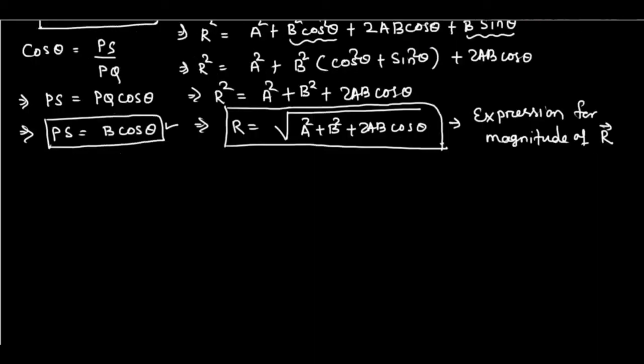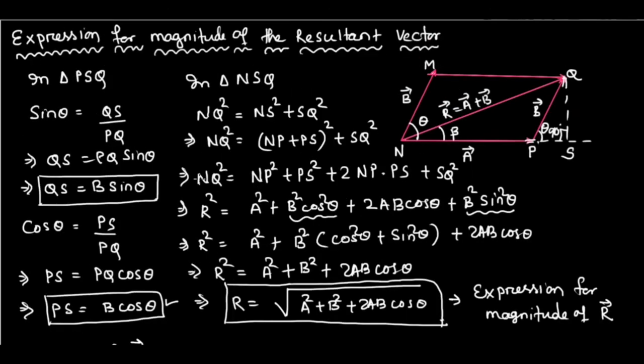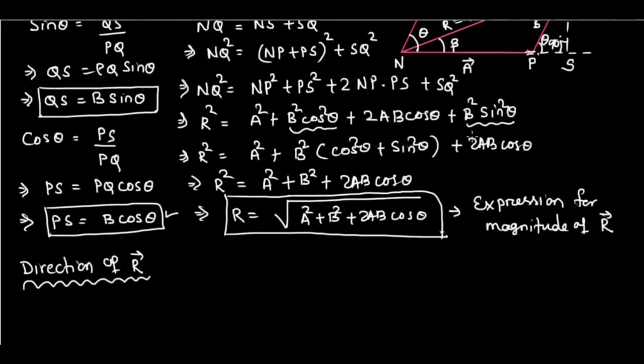Now we have to find the direction of R vector. Direction of R vector means we have to find the angle made by the resultant vector with vector A. Suppose the angle made by the resultant vector with vector A is beta. Then look at the triangle NSQ.